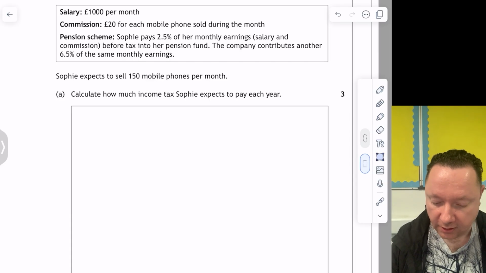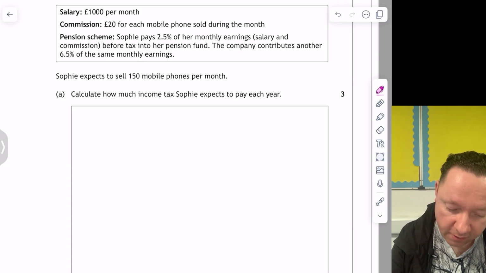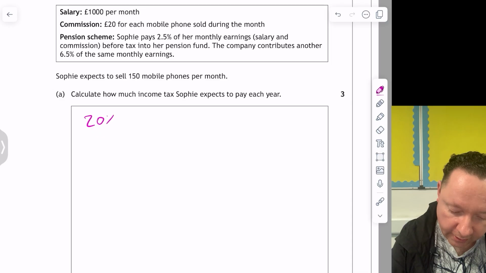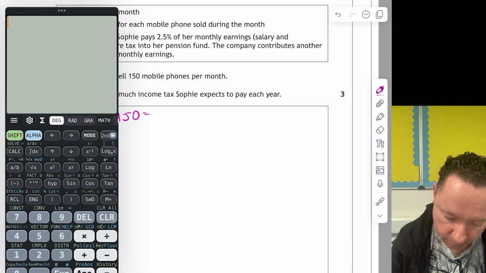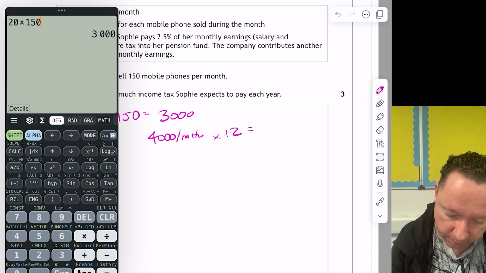Calculate the income tax she pays each year. So let's work out our salary first per month. 150 phones, so that's 20 times 150. Which is 3,000. So that means she earns 4,000 per month. Times that by 12.